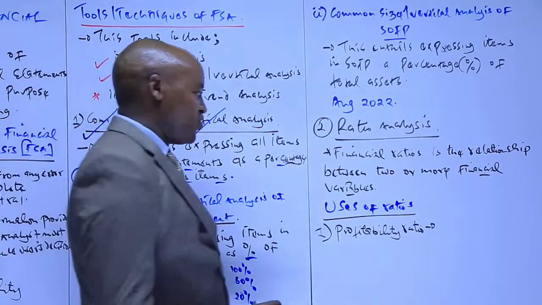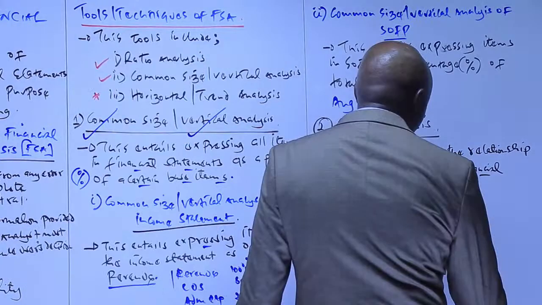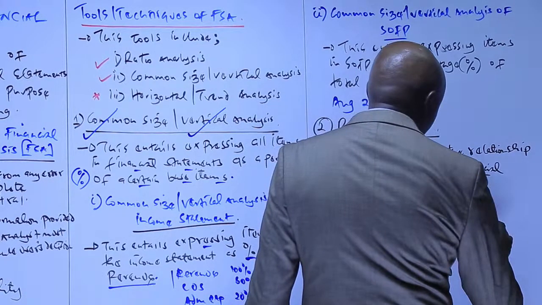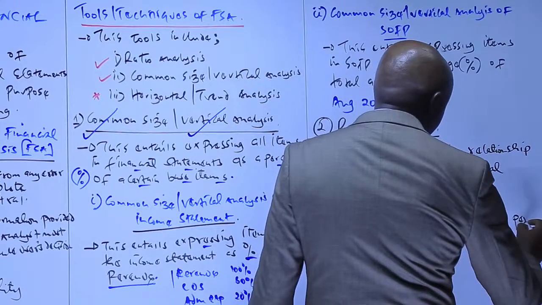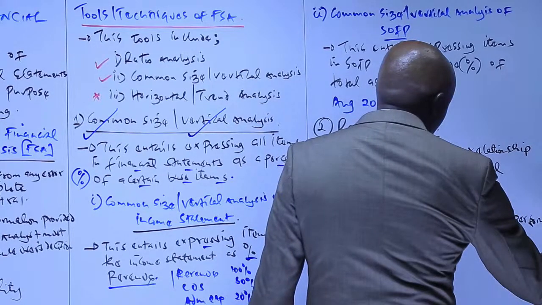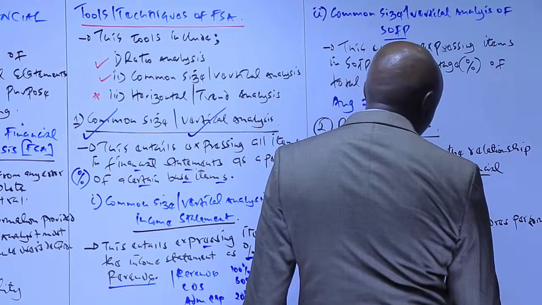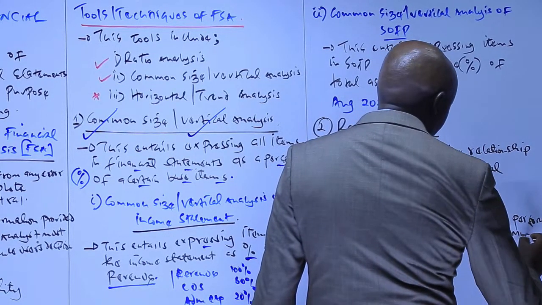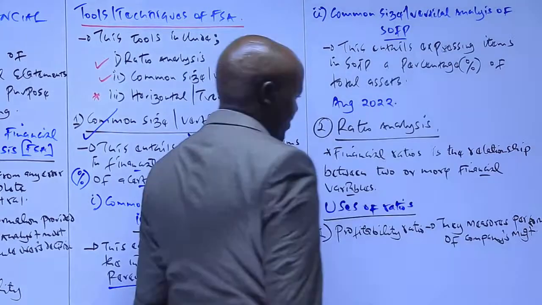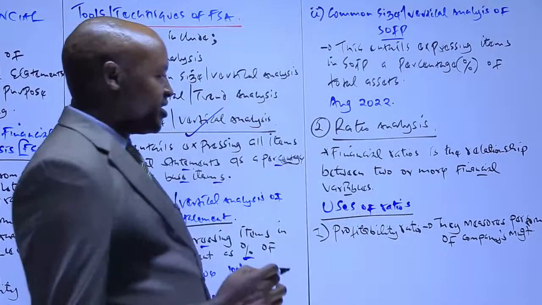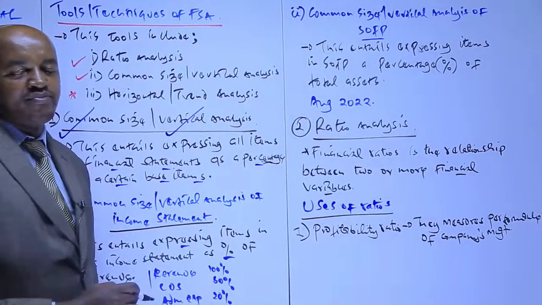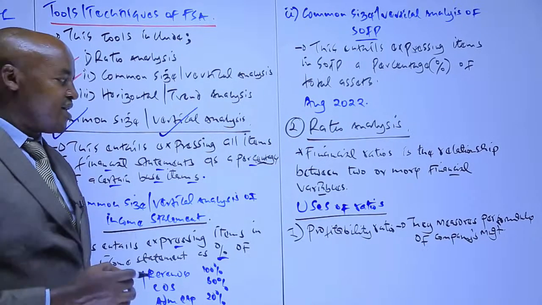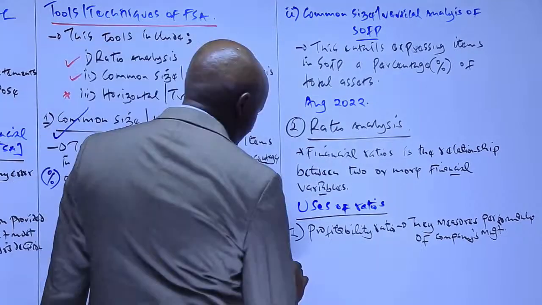So these ratios measure the performance of the company's management. If the company is performing poorly, we can also say it is as a result of the performance of the company's management.